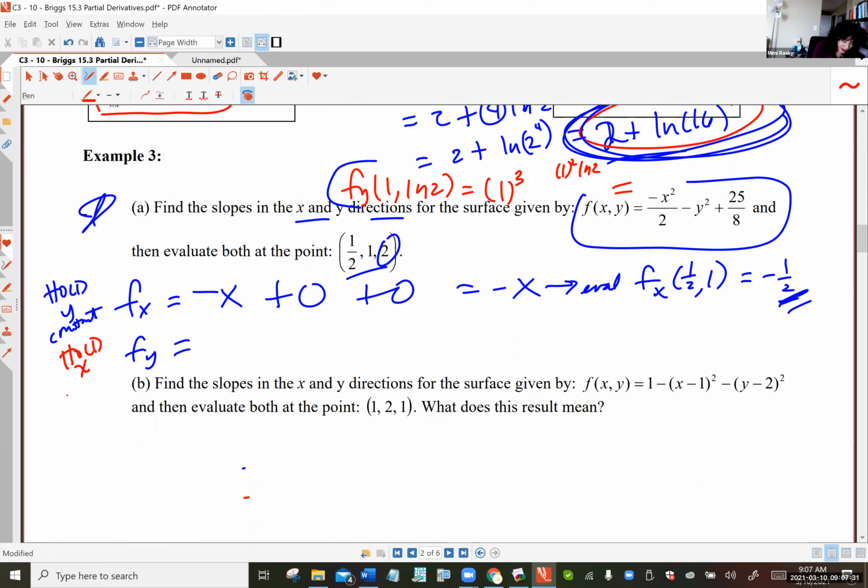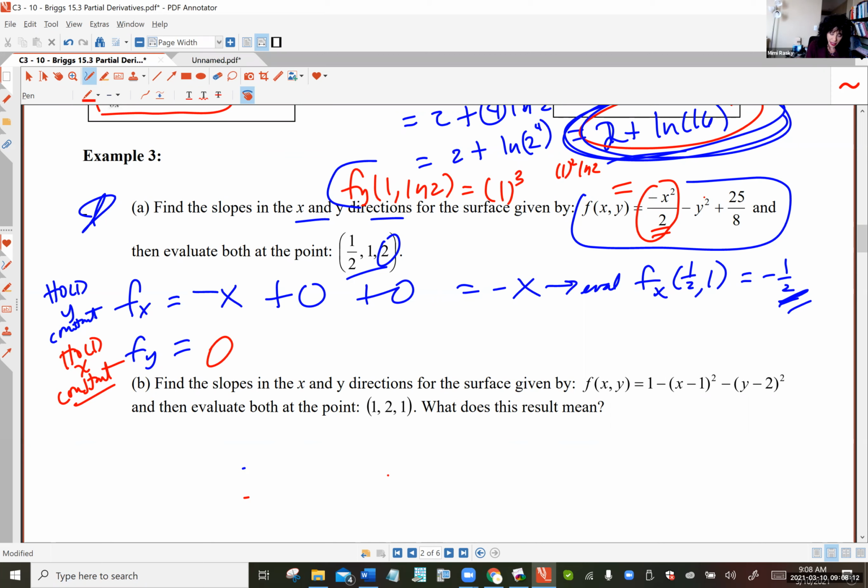What is the derivative of negative x squared over 2 with respect to y? 0, because that looks like a pure number. Why? Because x looks like a pure number, so negative x squared will look like a pure number, and negative x squared over 2 will definitely look like a pure number. So we use that constant rule from Calc 1 since we are taking derivatives with respect to y.